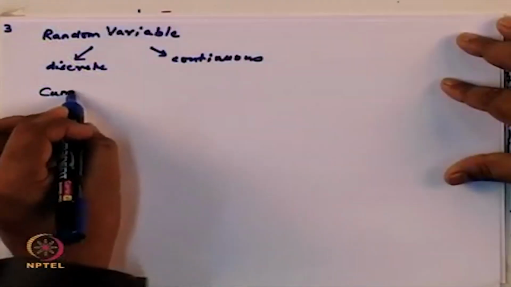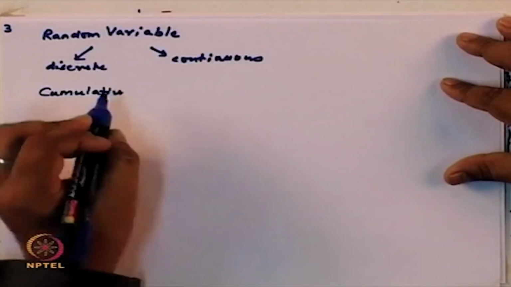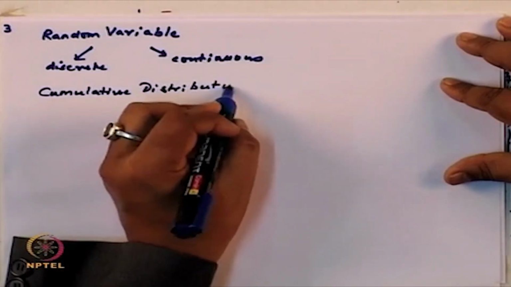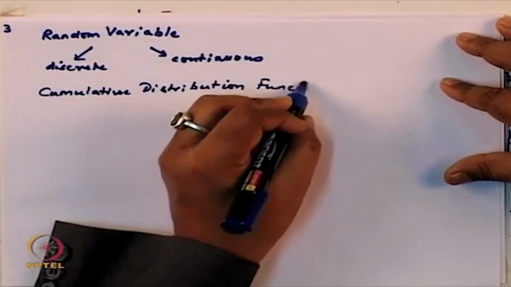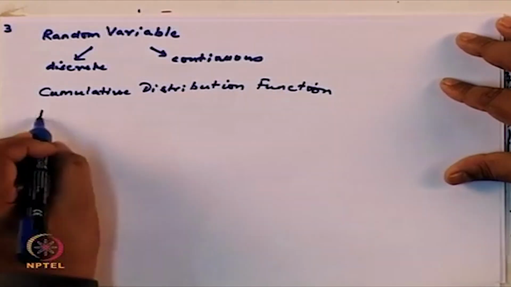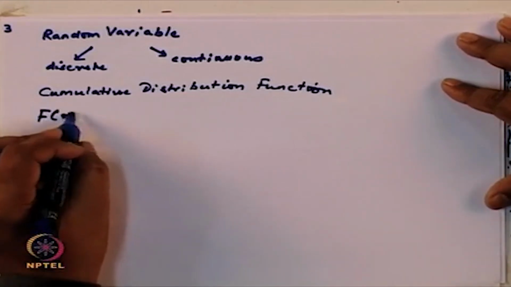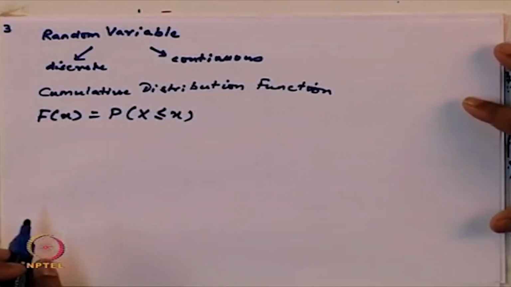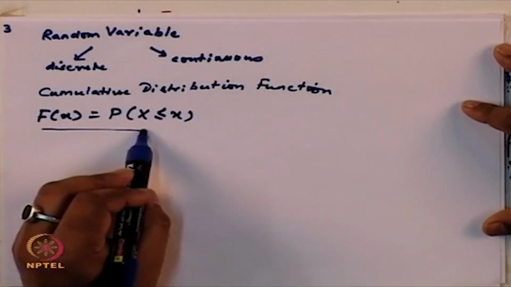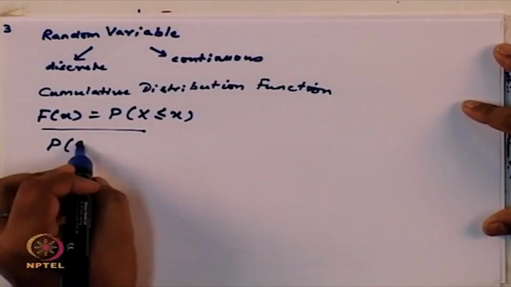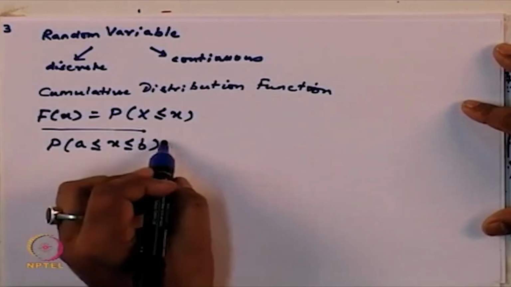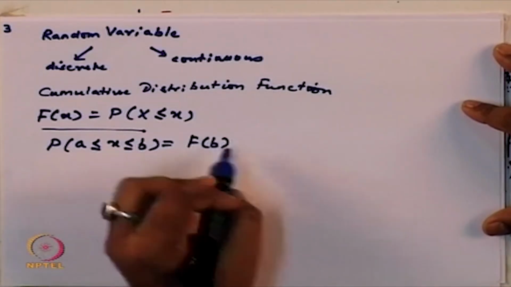Okay. So, we can define something called the cumulative distribution function, typically represented as F of x, and this is defined by probability of X less than or equal to x. Okay. So, if we know F of x, then we can compute the probability of, let us say, X between a and b, and this is nothing but F of b minus F of a.